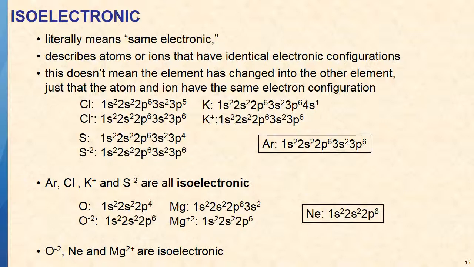So remember, that's what gives an atom its identity, but they all have the same electron configuration, and so they are all much more stable. Just another example below, the oxygen ion O2- and magnesium 2+ both are isoelectronic to neon.